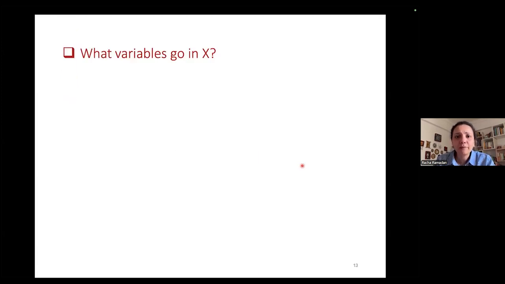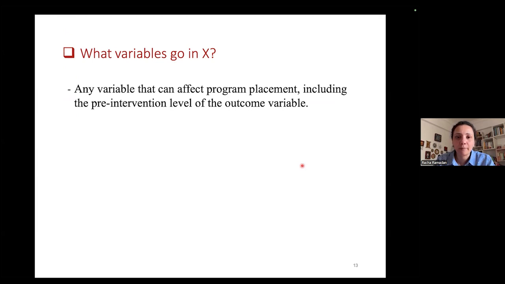Okay, what variables go in X? It really depends. The first thing you need to look for is the variables that affected the selection into the program. If I take TACAFL as an example, this cash transfer program in Egypt, it's mainly targeting women, but you also have male-headed households benefiting from it. Usually it is conducted based on a proxy means test.